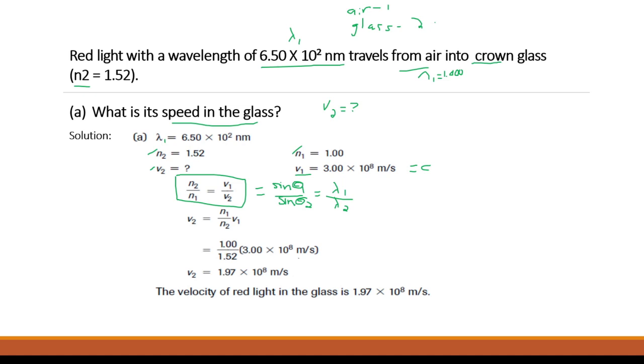We plug in our values, and again we only have 1 unit that keeps consistent, so our answer comes out to meters per second, and when we do the math, it's 1.97 times 10^8 meters per second. And so we can say the velocity of this red light in the glass is this velocity.